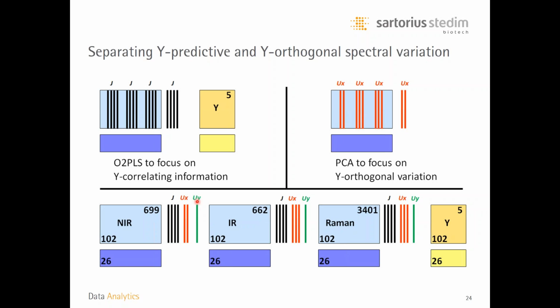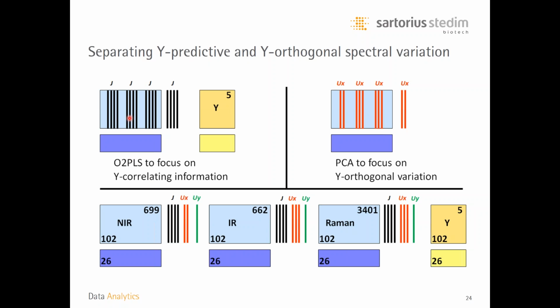Similarly, we get the 4 plus 3 plus 1 model for the IR O2 PLS model, and we get the 4 plus 3 plus 1 model for the Raman O2 PLS model. When we are then going up with all these score vectors to the top level, we have two different scenarios, you can say. First of all, we will take the black score vectors.